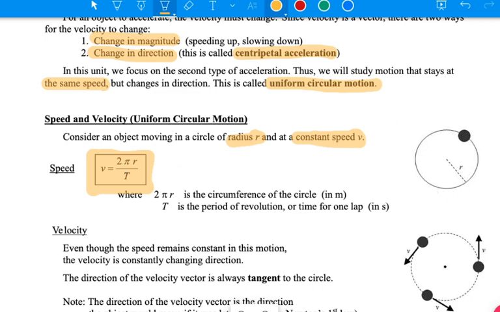If we think about the circumference of the circle, that's the path along the edge of the circle, and that's the distance that this object's moving.